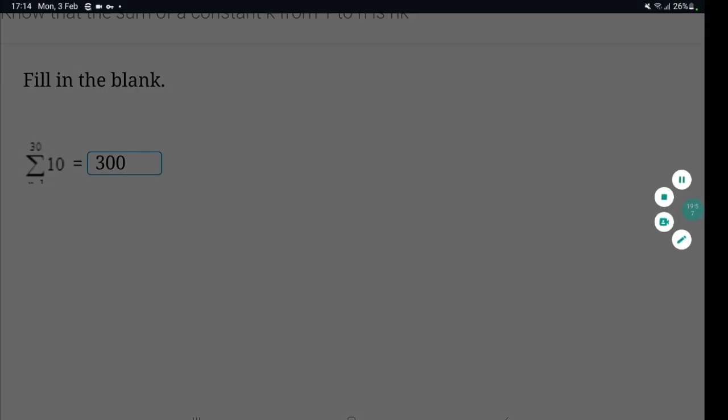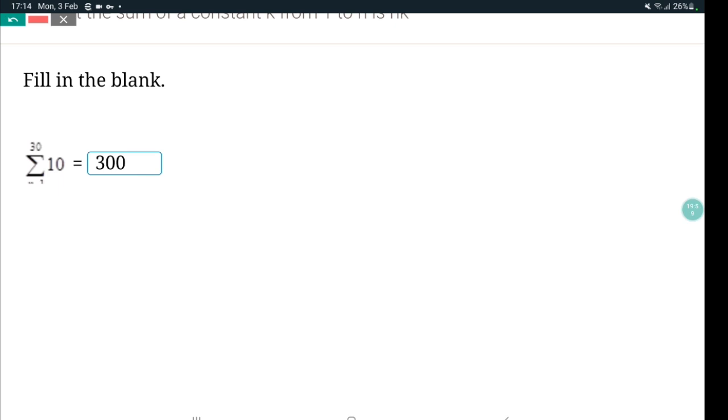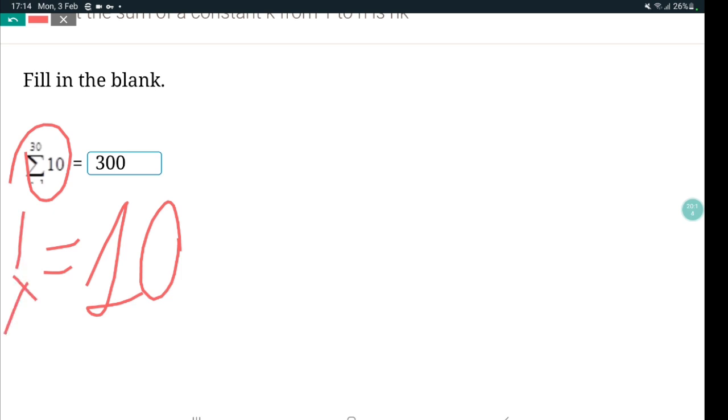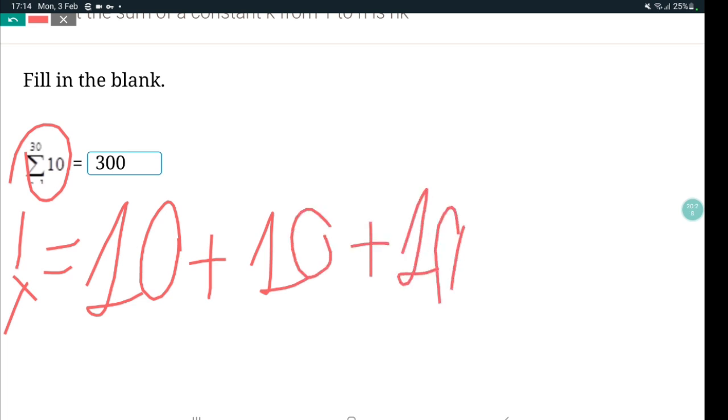You'll notice, in question 14 we had n, but in this one we don't. So let's say 10. This is equal to 10, and this is equal to 10. When n is 1, what's 10? It's still 10. Plus n is 2, still 10. N is 3, still 10. N is 4, still 10.